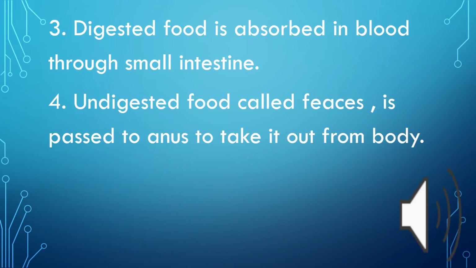Point number 3 is digested food is absorbed in blood through small intestine. Point number 4, undigested food called feces is passed to anus to take it out from body.